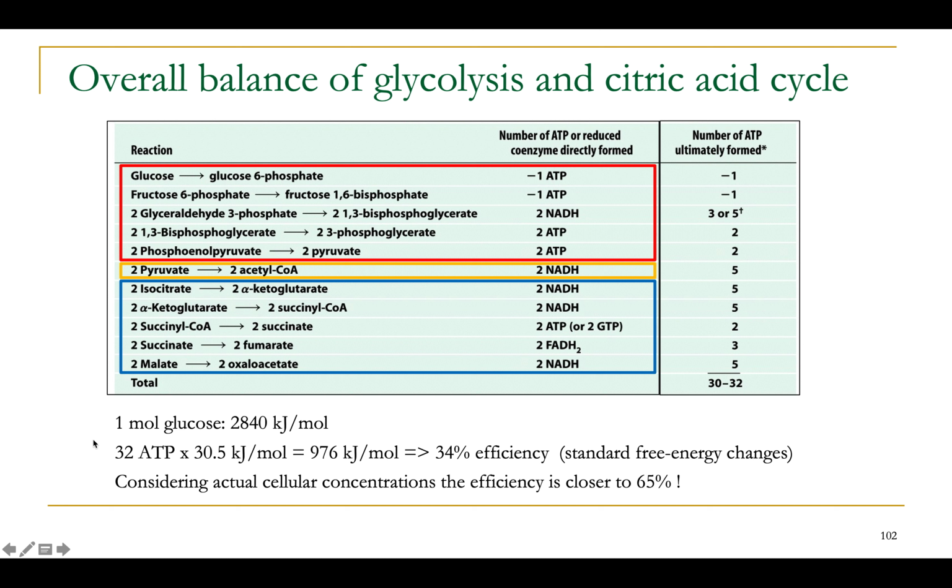But if we would count how much energy we produce in standard conditions when we would hydrolyze ATP, the end product of this burning within this complex chain of enzymatic reactions, we get approximately 1000 kilojoules per mole in standard conditions, which is approximately 1/3 efficiency.